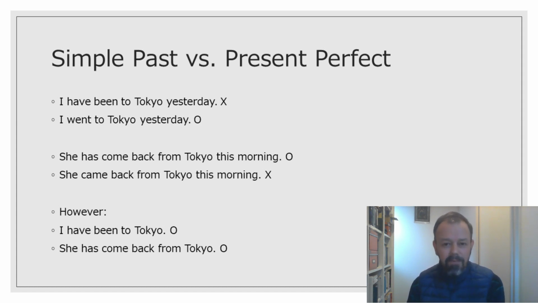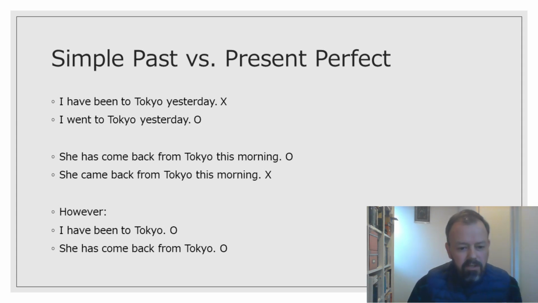We can't talk about yesterday until the next day, and therefore yesterday is closed. So when we talk about closed time periods, we should use the simple past tense. I went to Tokyo. I have been is used to show something which is continuing or connected to the present, and so using it with yesterday doesn't make sense.